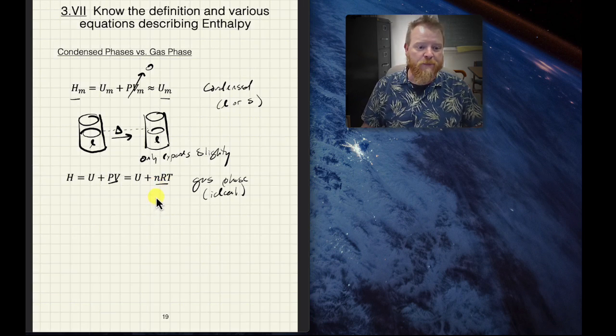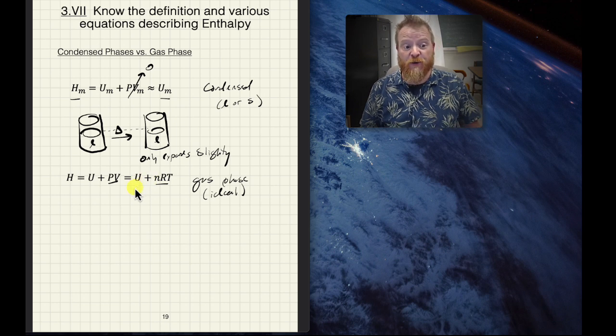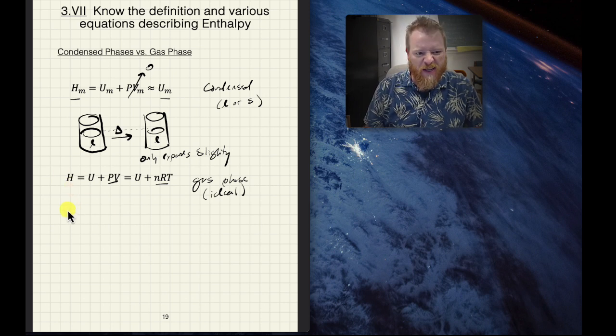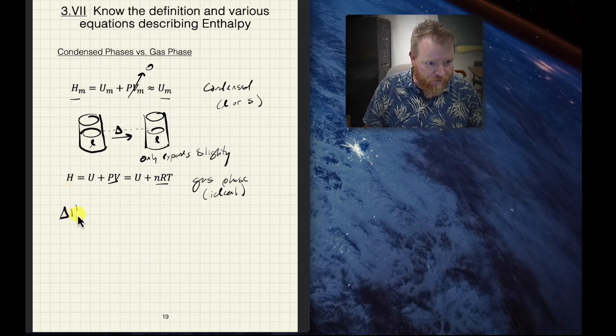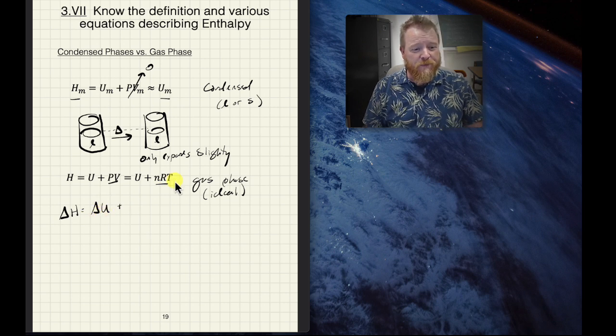PV equals nRT. And we can see that the enthalpy and the internal energy for a gas will be very different. And if we say for measurable changes, delta H is going to be equal to delta U plus delta of nRT. R and T are constants here.